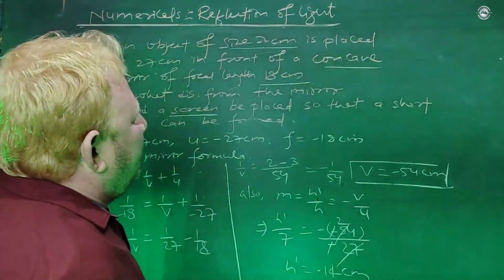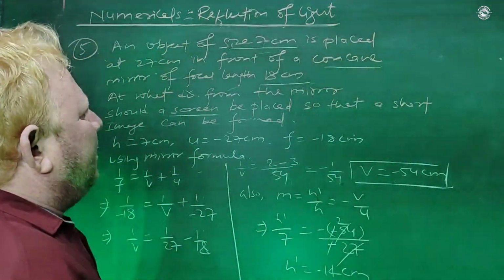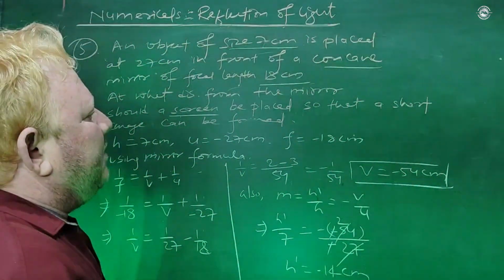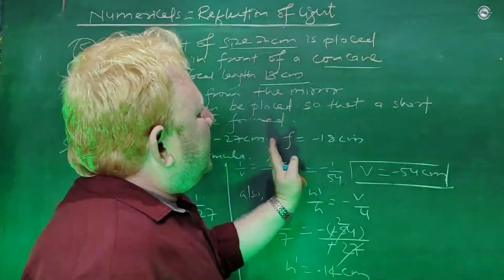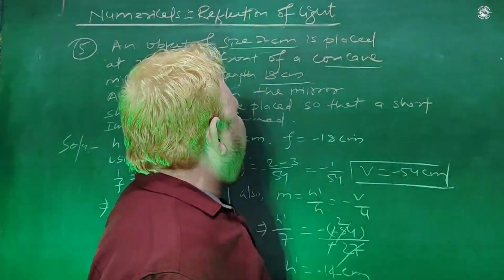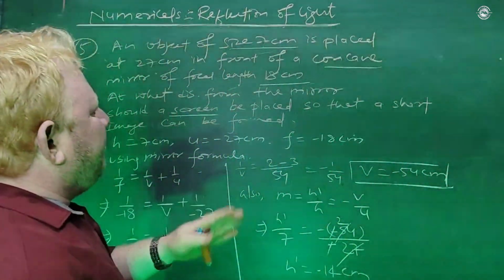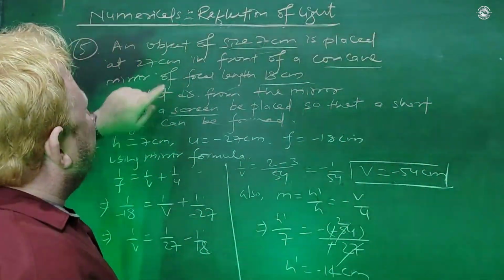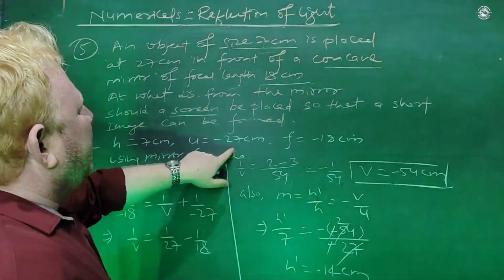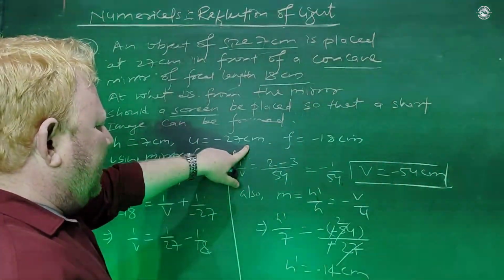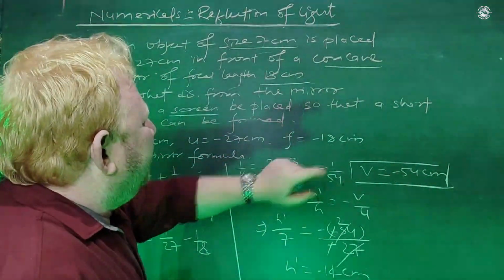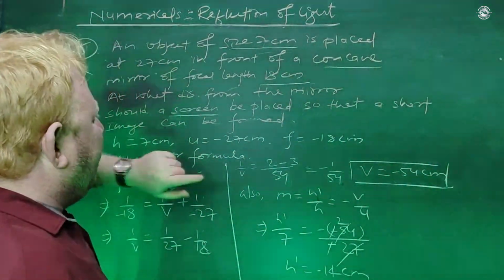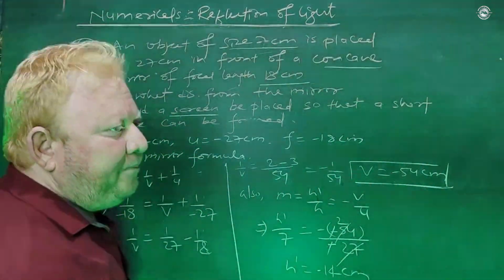The image is formed beyond the center of curvature at 54 centimeter, and the object is placed between the center of curvature and the focal length, that is 27 centimeter, which is more than 18 and less than 36. Is it clear, everyone?